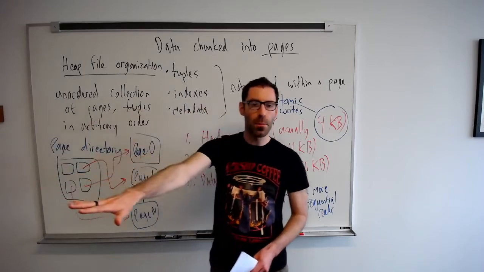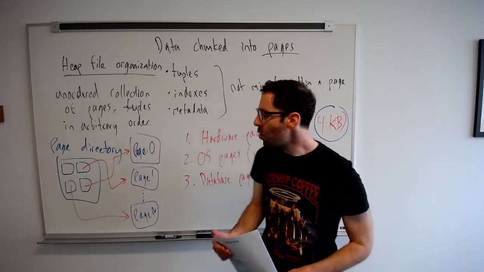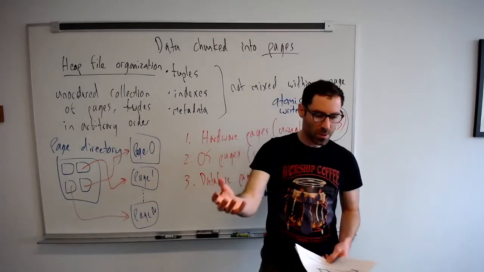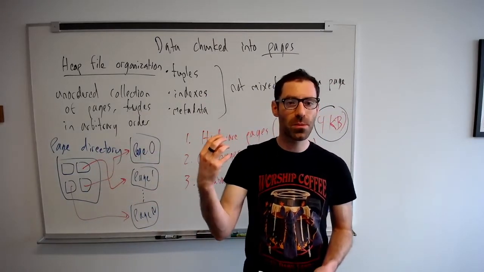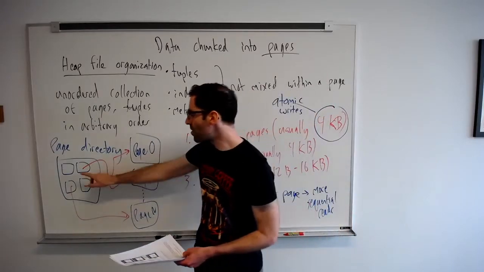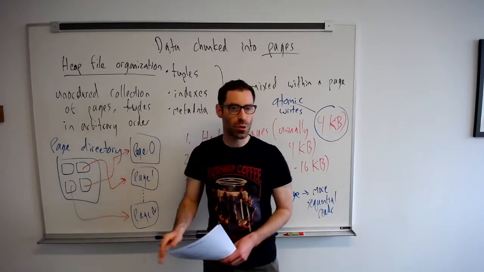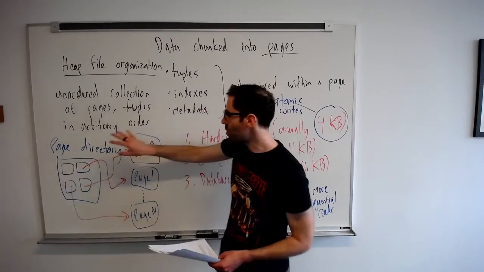This page directory itself will be in its own page, and the database always keeps it in memory, because every time it needs to get a page, the storage manager looks up in the page directory where to find that.